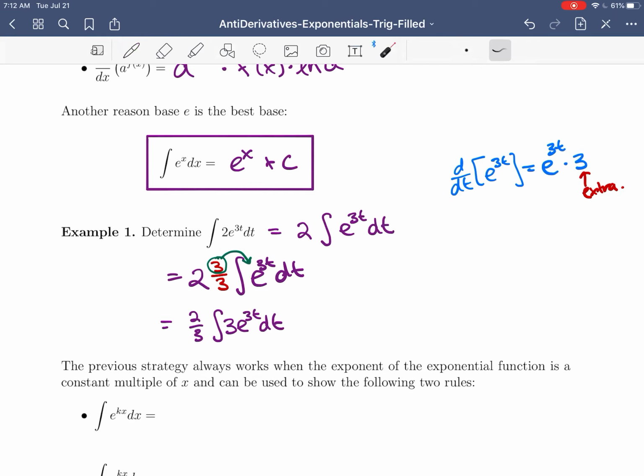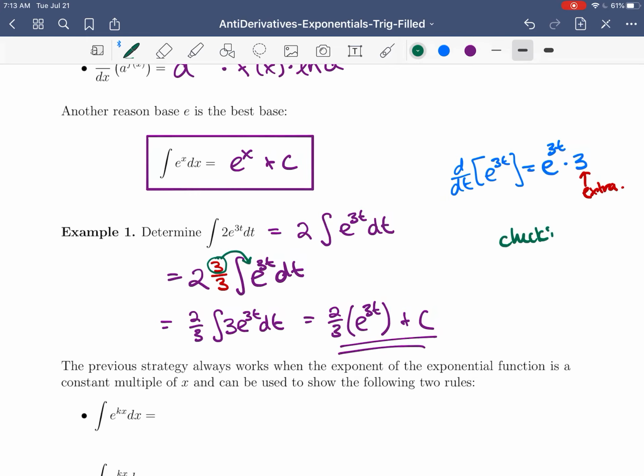And now I know what has derivative 3e to the 3t. It's e to the 3t. So that's going to be 2/3 times e to the 3t plus c. Okay, so this is my antiderivative. In fact, it's my family of antiderivatives. And if you want to check, we can just take the derivative.